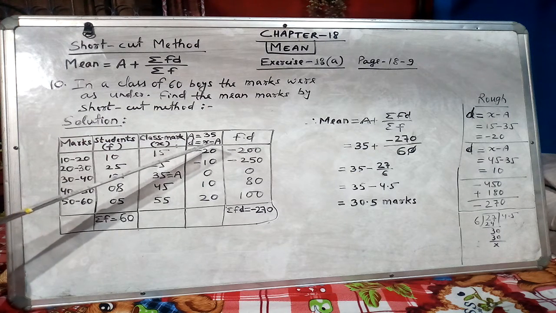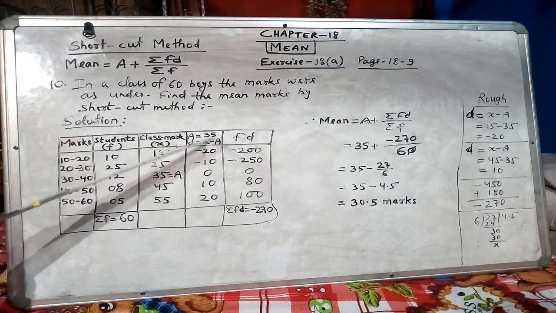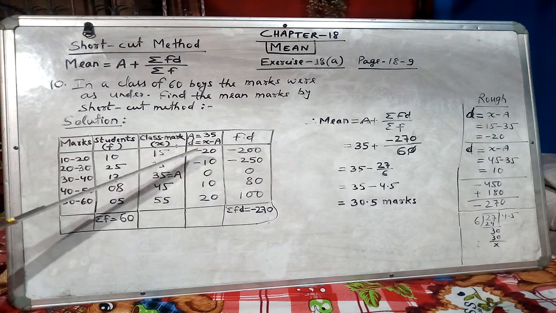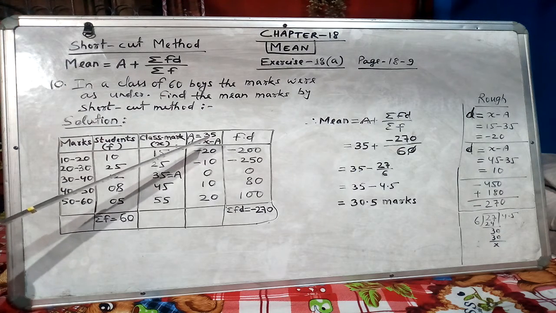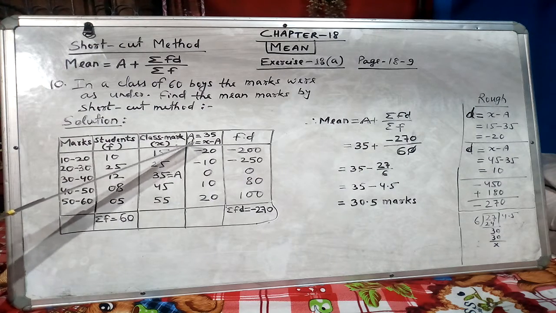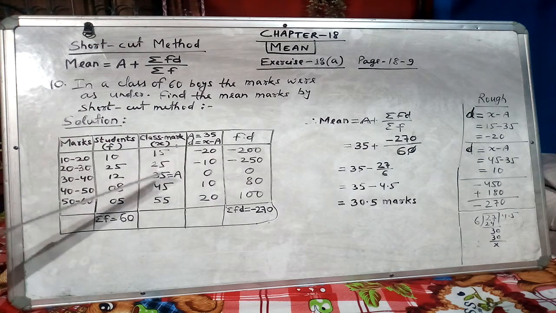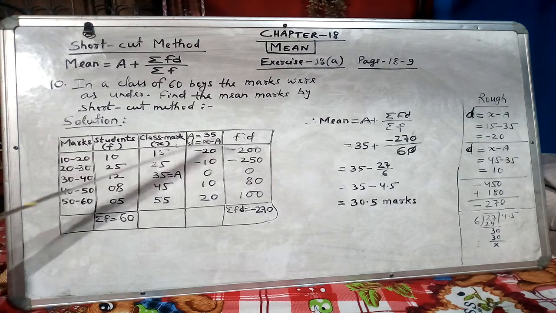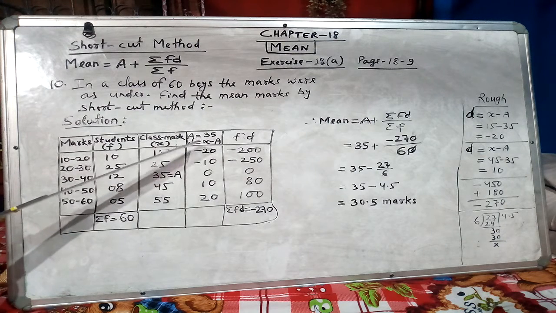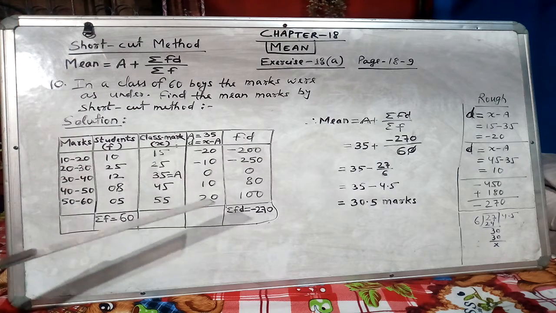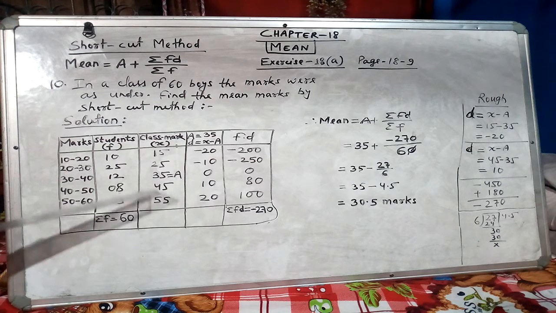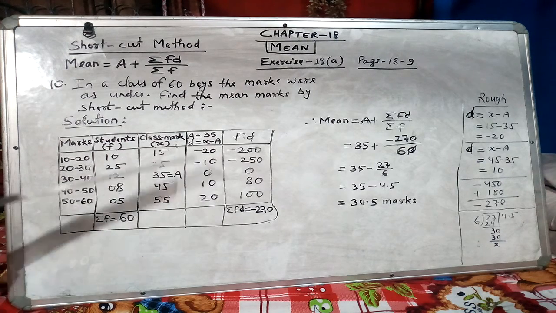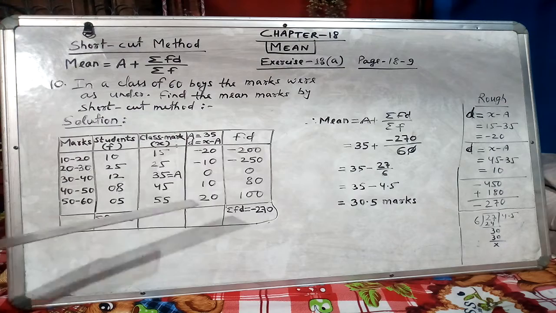If we subtract a from x, that column is called d, where d means the difference between x and a. That means x minus a is equal to d. As we know, the value of a is 35, so I wrote here a equal to 35. Now the value of d will be x minus a. You can see all these numbers are the values of x, and the value of a is 35.